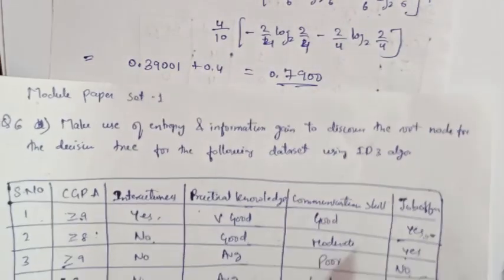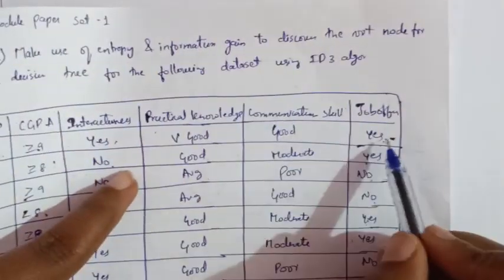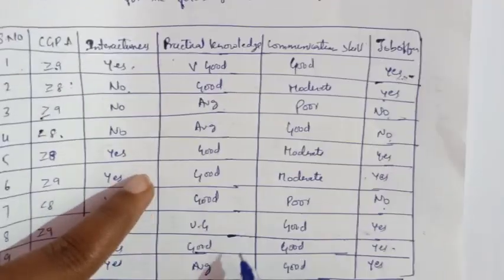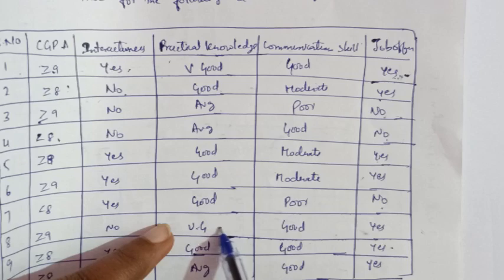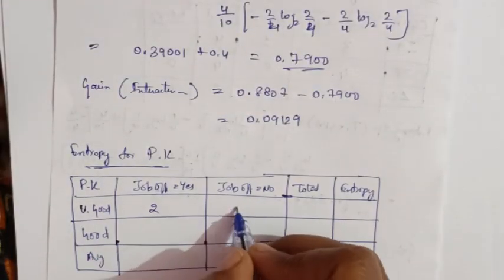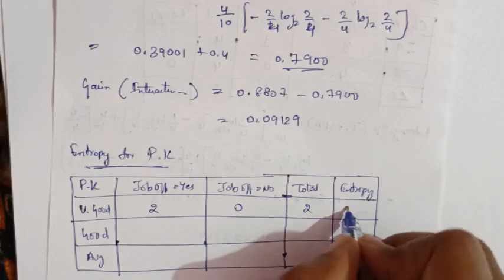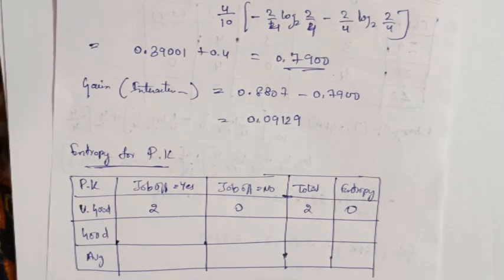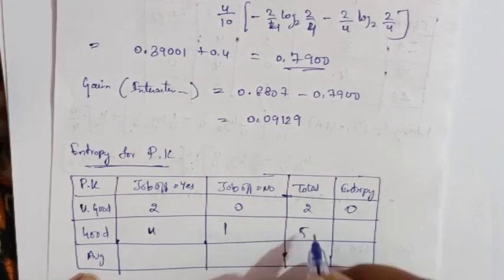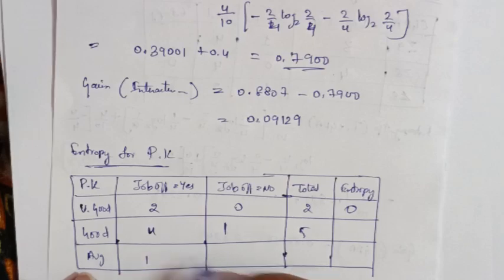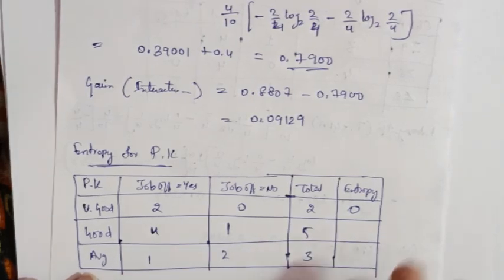Here we have to check the number of yes for this very good instance. For this we have 2 as yes and 0 no. That means the entropy we will get is 0. Here we will get 4, 1 and 5. We have to calculate entropy for this and this also.